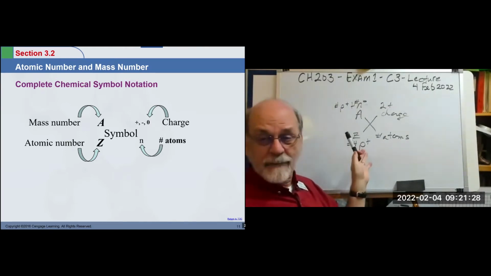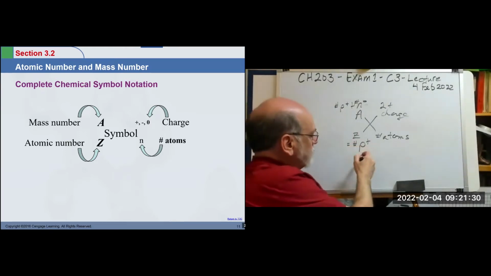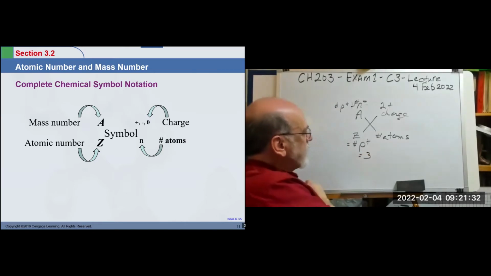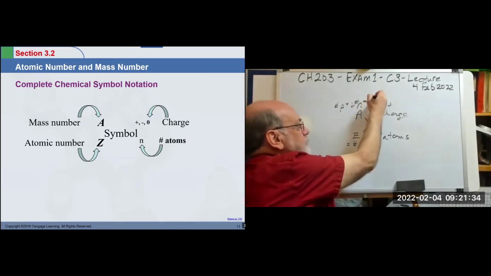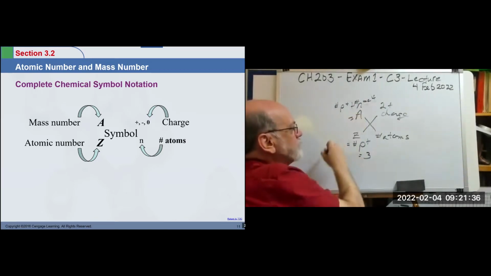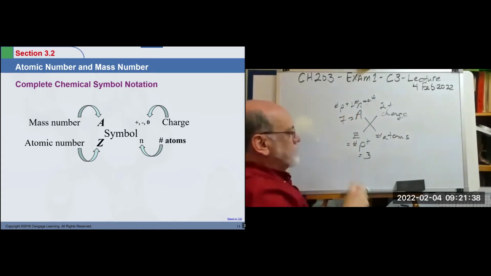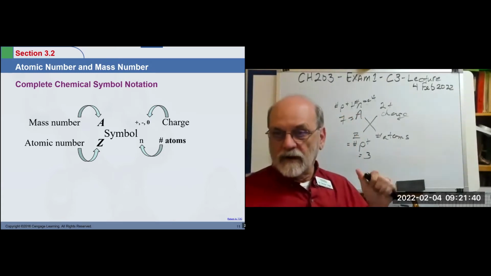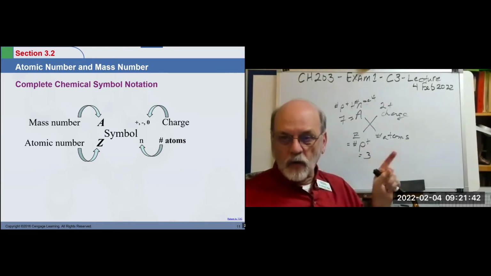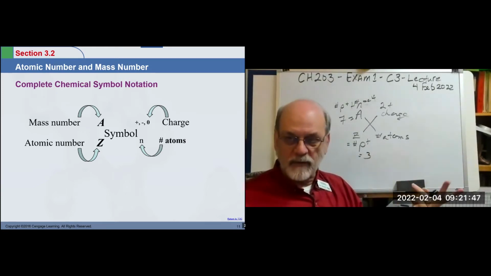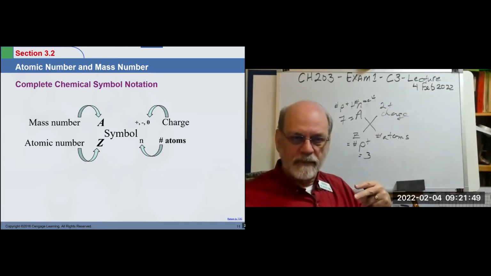So in the previous example, we had 3 down here, and this was 4. So the mass number for lithium would be 7. The mass number is always a whole number because it's the summation of 2 whole numbers, the number of protons and the number of neutrons.